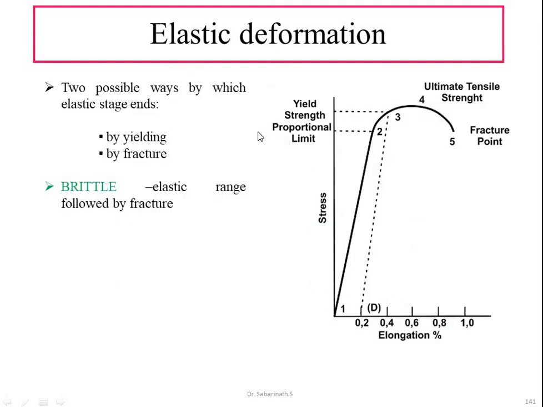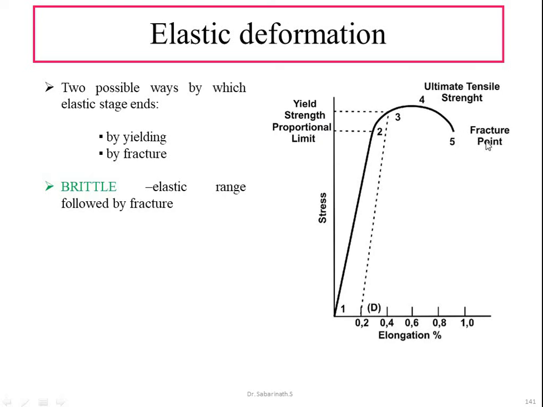Now elastic deformation will end at the proportionality limit, and beyond the proportionality limit we have the yielding point. We can note the ultimate tensile strength, and finally it will lead to some fracture. So we learned that beyond this proportionality limit some kind of plastic deformation happens, either with the help of yielding or by a fracture.